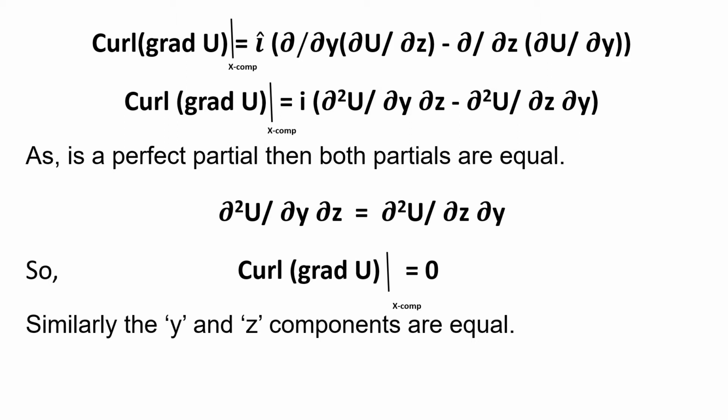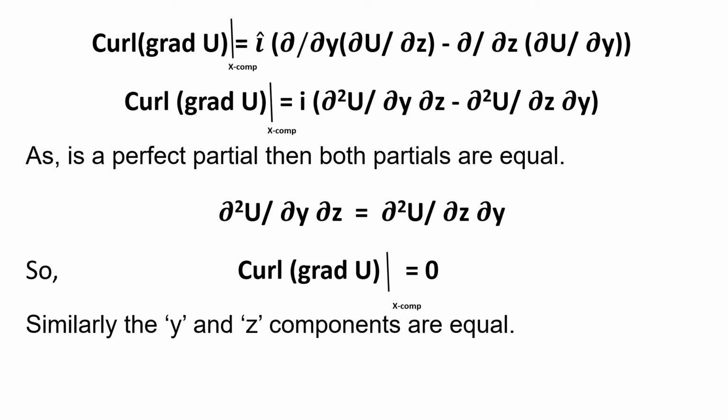So we can write that the curl of grad u is equal to 0. If that is 0 for the x component, then it is also 0 for the y and z components. Similarly, the y and z components are equal, so all three components of the curl of grad u are equal to 0.